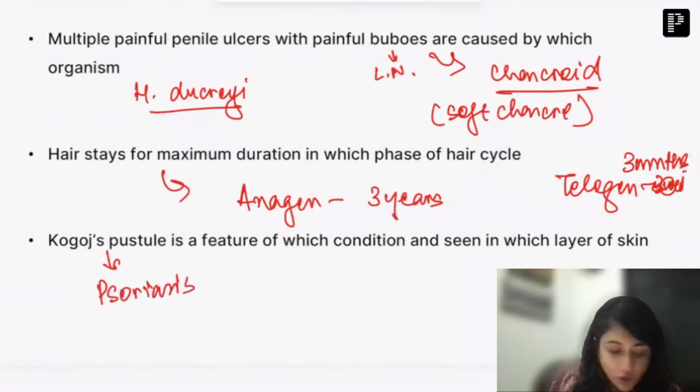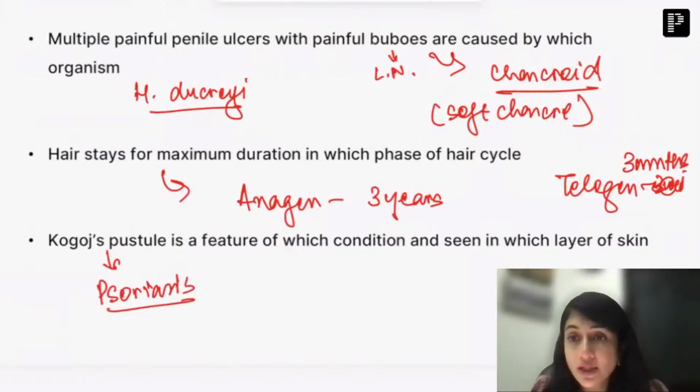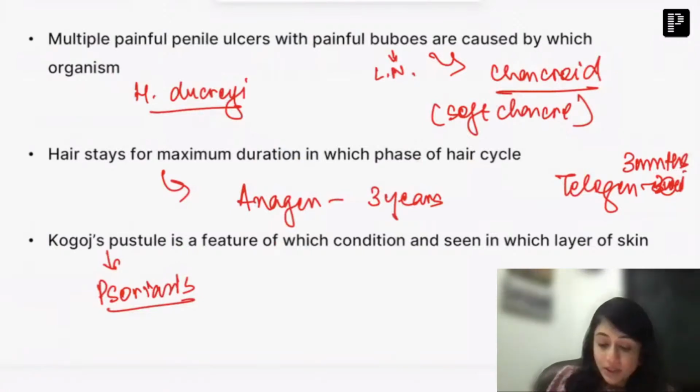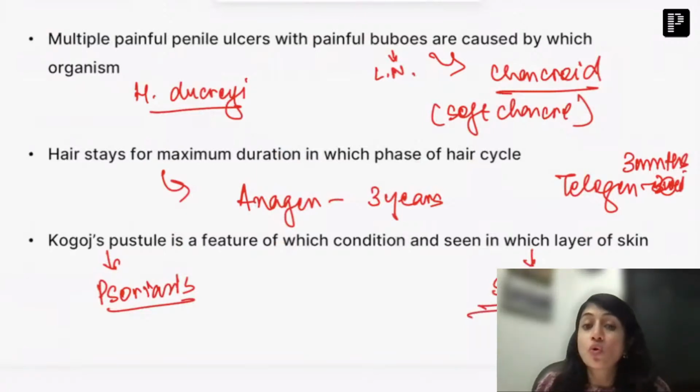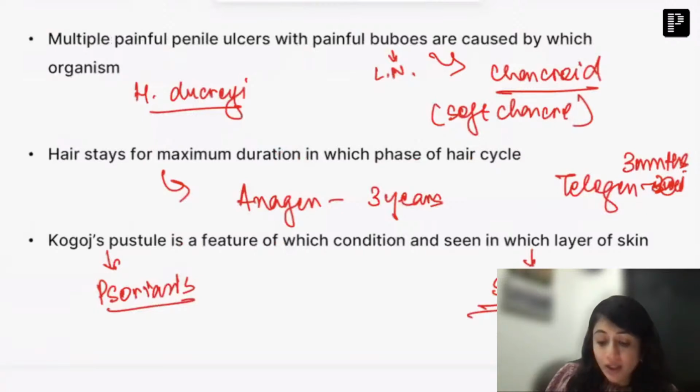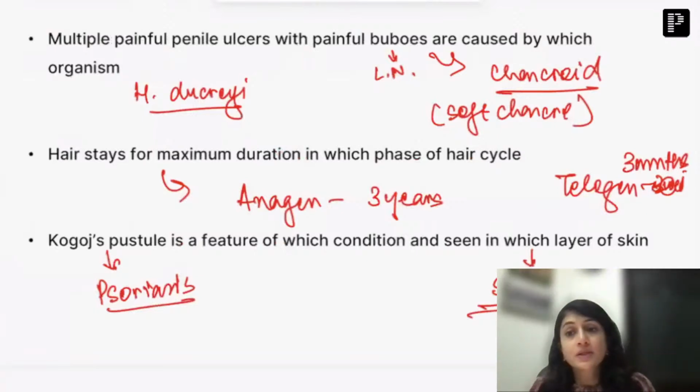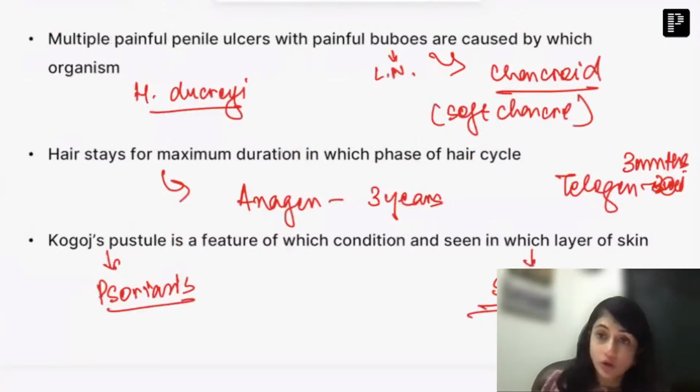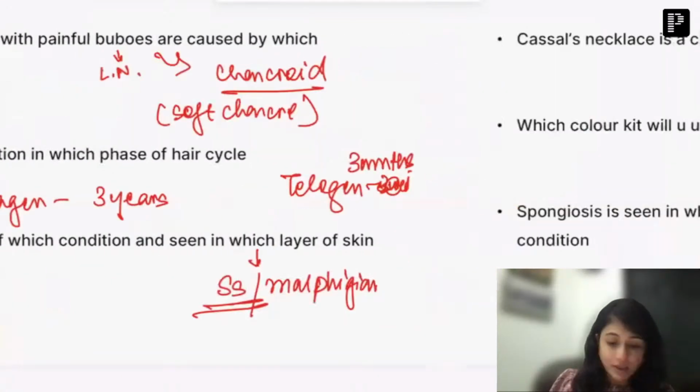And in which layer is Kogoj's pustule? So in psoriasis, you see collection of neutrophils. They are present in the stratum corneum, where we call them Munro microabscesses. And they are also present in stratum spinosum, where I call them Kogoj's pustule. Yes, you can even say Malpighian layer. So Kogoj's pustule is present in the Malpighian layer. Munro microabscesses are seen in stratum corneum. They are both seen with psoriasis.